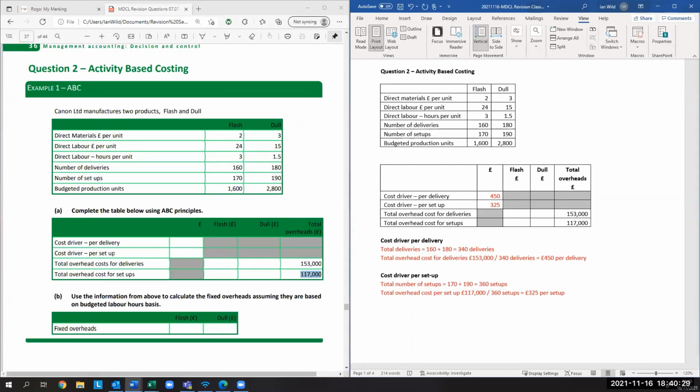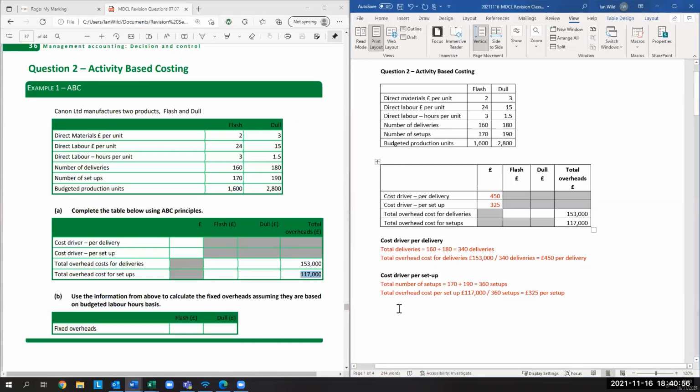Okay, now what we need to do is use these figures to more accurately divide the total overheads between Flash and DOL. So we need to divide the total overhead for deliveries using the cost drivers, and the total overhead costs for setups using the cost drivers.